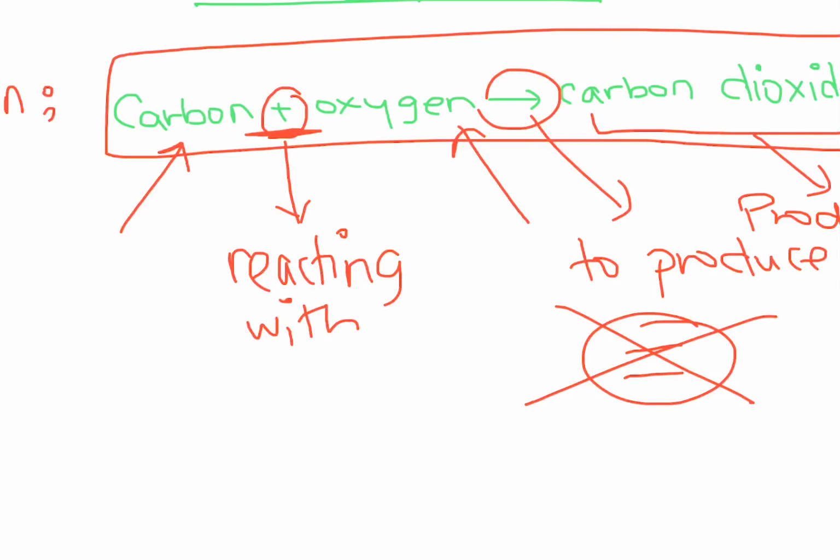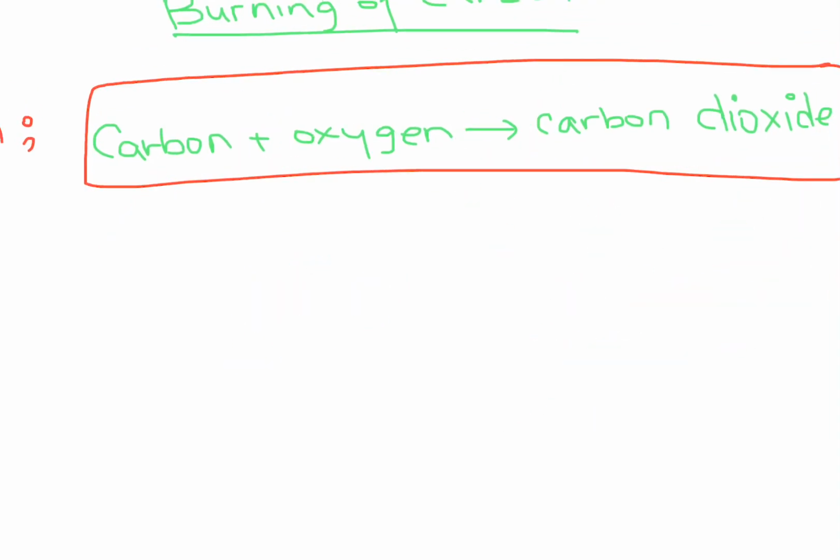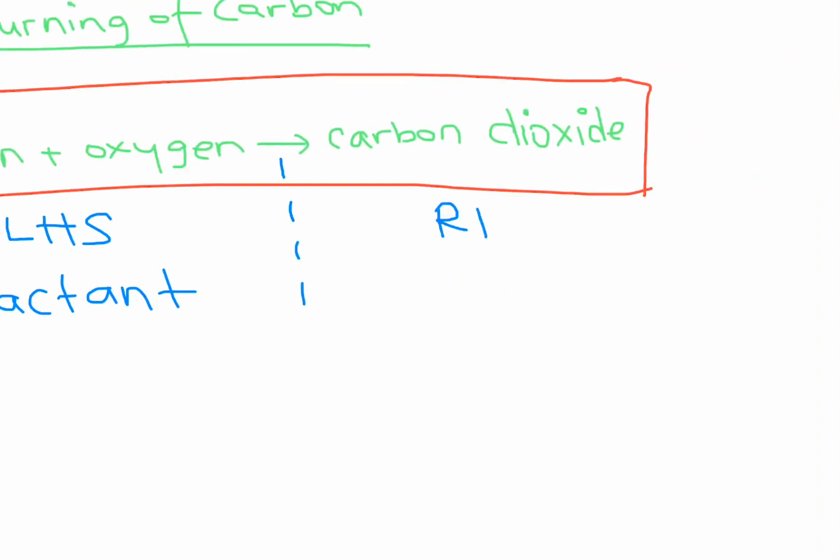Now, in a word equation, there are two sides. If we take the arrow to be the reference line, anything on the left-hand side of the arrow is the reactant, and anything on the right-hand side of the arrow is the product.